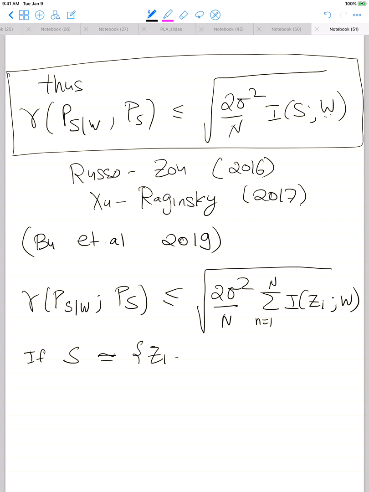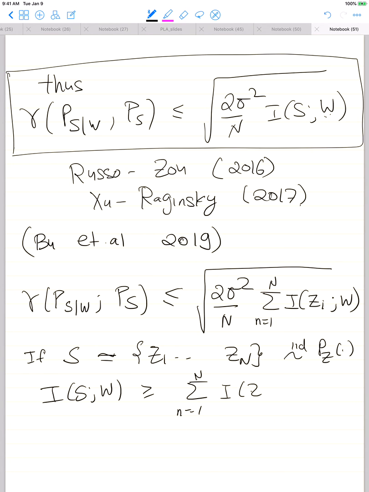Since S is Z1 to Zn, which is IID PZ, one can show that I of SW is greater than the summation of i going from 1 to n, I of Zi and W. So this bound is strictly better than this bound. This is again an easy exercise. When S is IID, you can use standard properties of mutual information to show this.